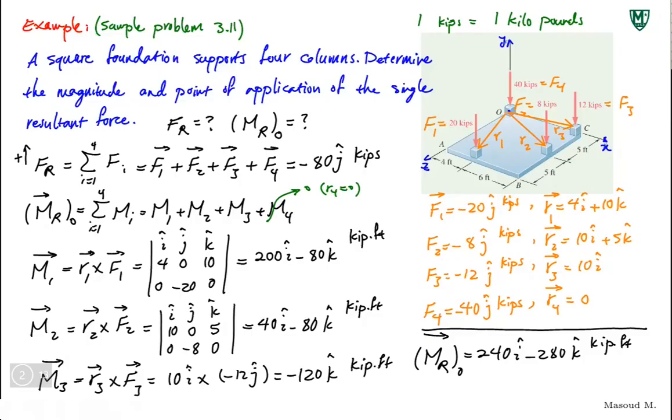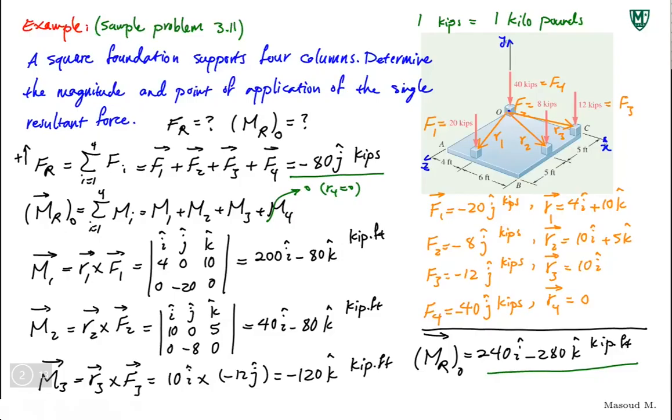So far, we have FR and we have MR. Now we have a system. We found the first equivalent system, in which we have one resultant force and one moment. We got rid of all those forces applied at point O.